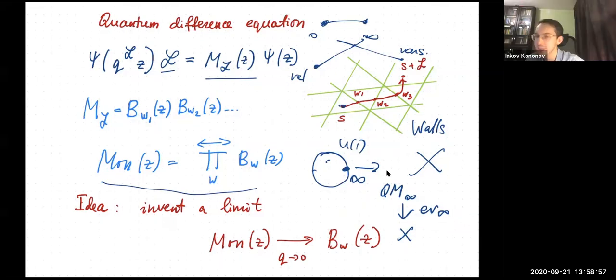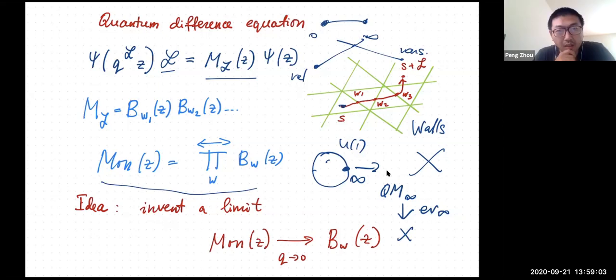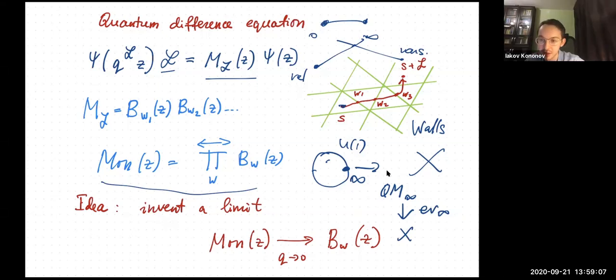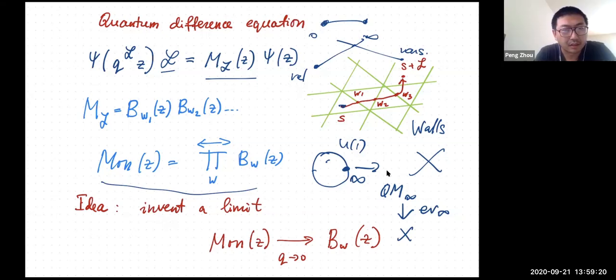Both are some operators on K theory of the Nakajima variety. L is the operator of classical multiplication by the tautological bundle. So it's diagonal in the basis of fixed points, and it doesn't depend on z. And psi is some operator that one is trying to solve for?